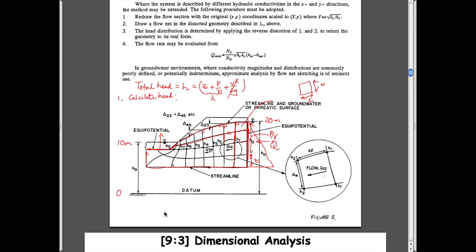So Q is equal to hydraulic conductivity, whatever it is, multiplied by the head drop, multiplied by the number of stream tubes over the number of drops.